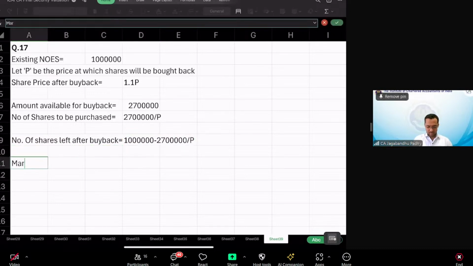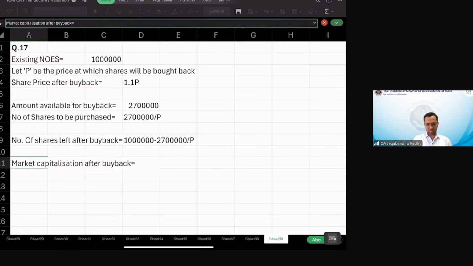So what will be the market capitalization after buyback?